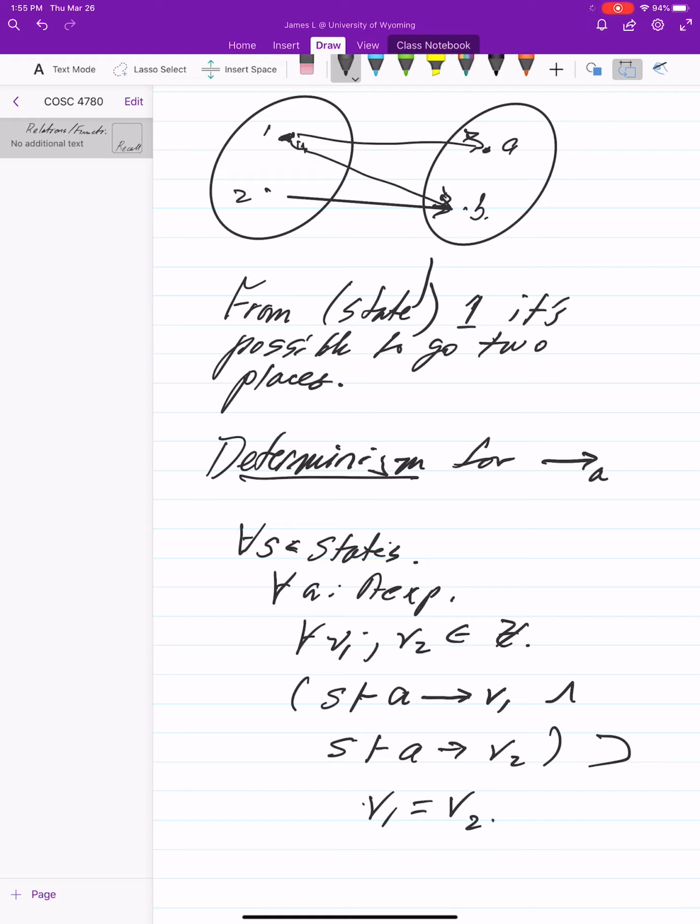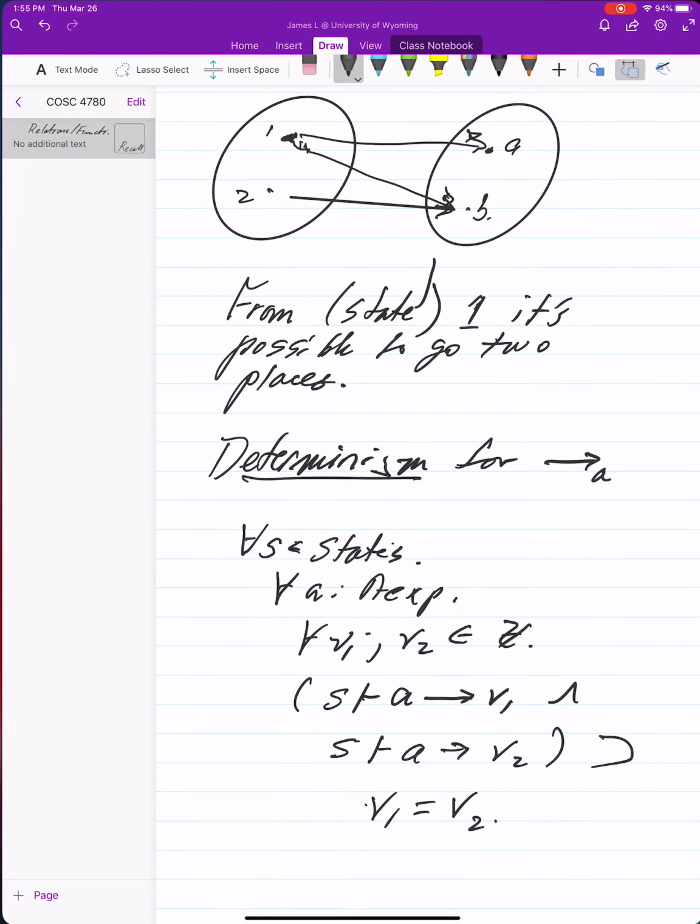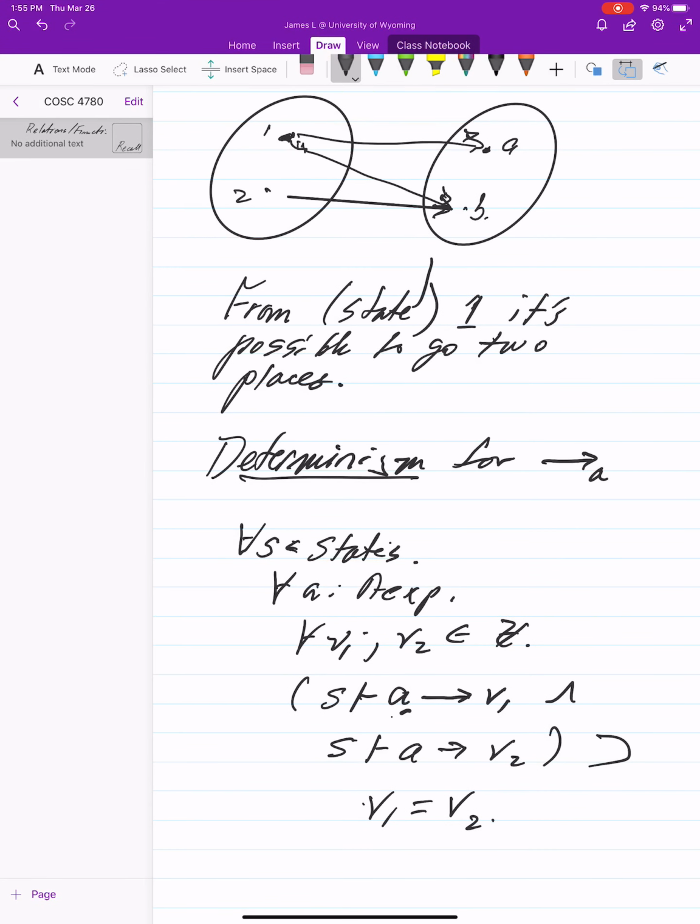And so this was the definition of what it meant for the big step semantics over arithmetic expressions to be deterministic. So you're basically saying, from A you're mapping to V1, and from A you're mapping to V2, so it must be that V1 equals V2.